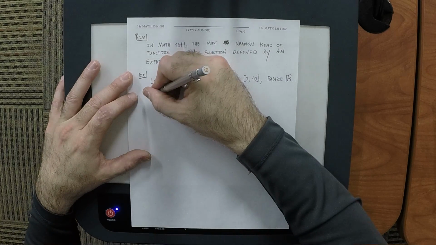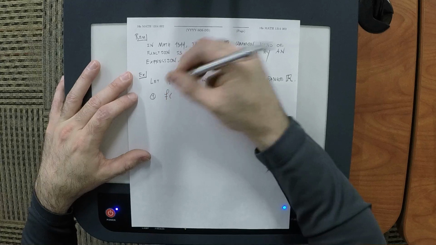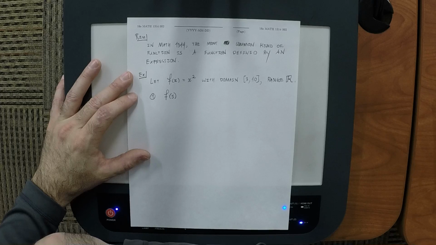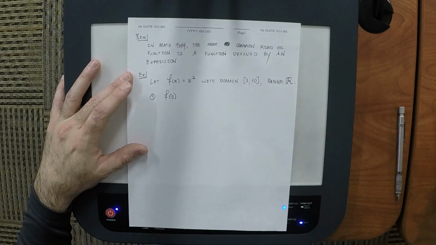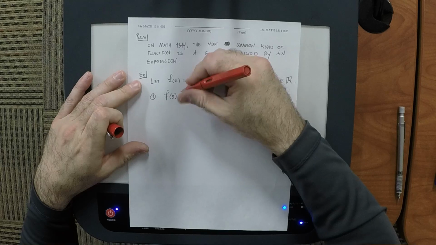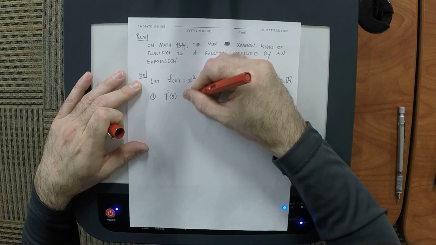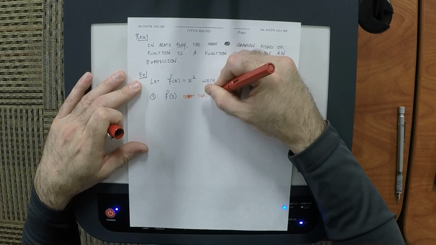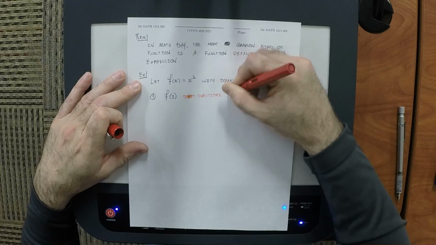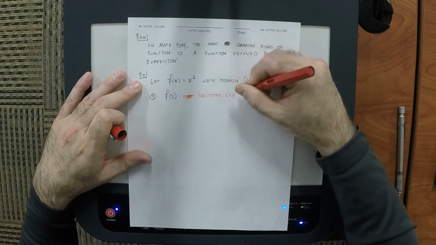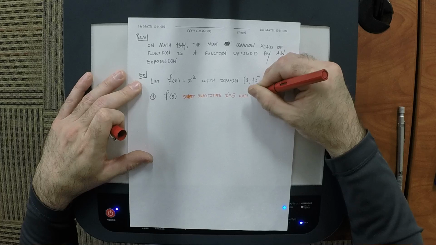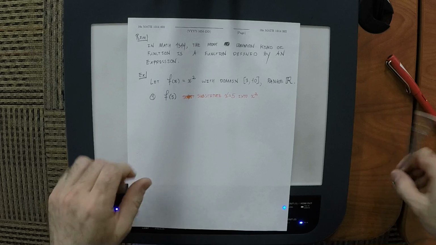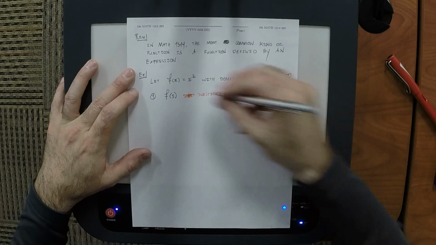The first question I could ask is please evaluate f at 5. So what I mean by that in plain language is I want you to substitute x equal 5 into x squared, and then tell me what that value is. 25.